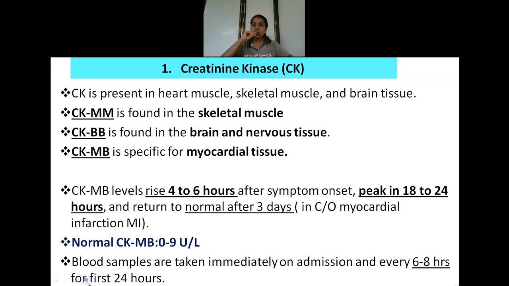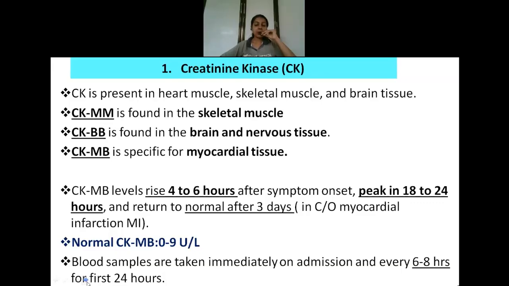CKMB will be released into the blood circulation whenever there is damage to the myocardium or whenever there is any heart attack. The speciality of CKMB is that it will rise immediately, within 4 to 6 hours.